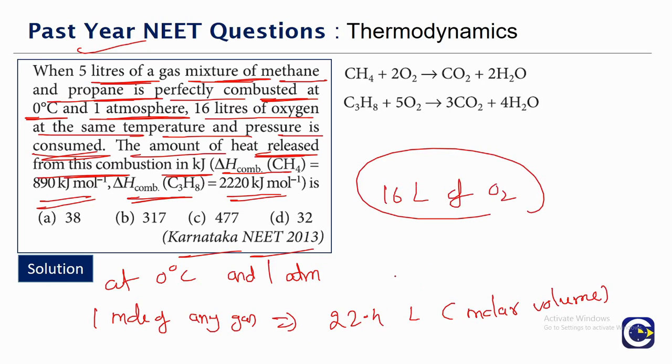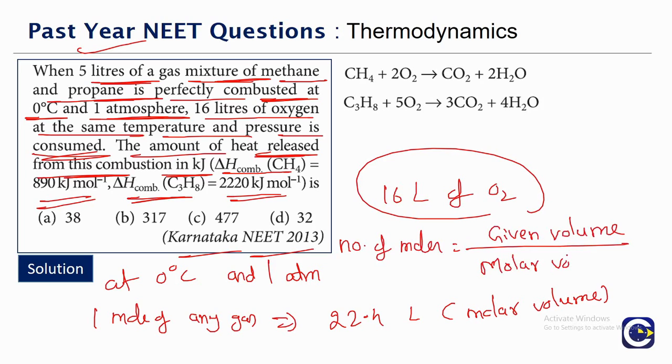How? At any given temperature and condition, what is the formula for number of moles? Given volume by molar volume. That is how we can calculate the number of moles of oxygen.